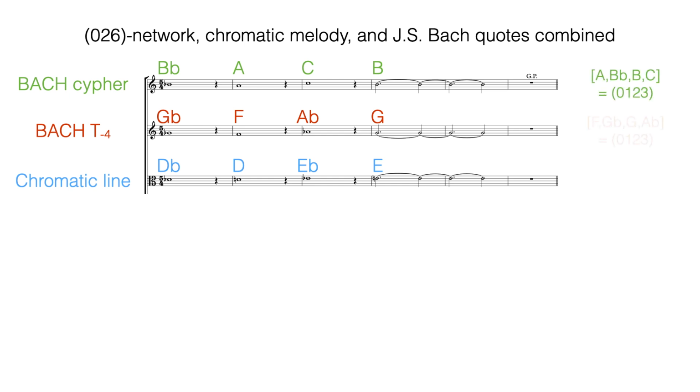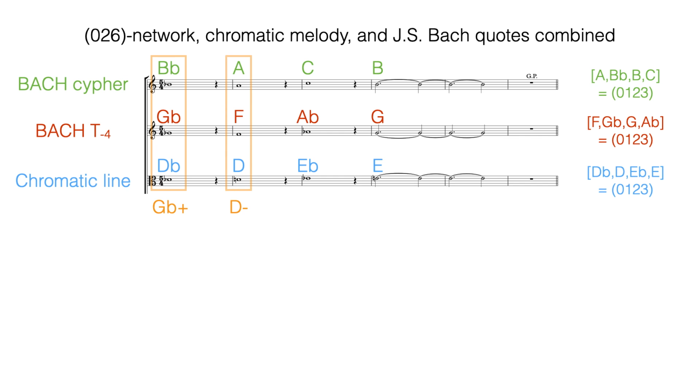Each of the upper strings thus projects a form of the chromatic tetrachord 0, 1, 2, 3. The chords formed between the upper three parts are all major or minor triads: G flat major, D minor, A flat major, and E minor.